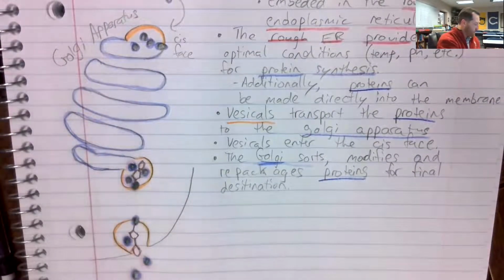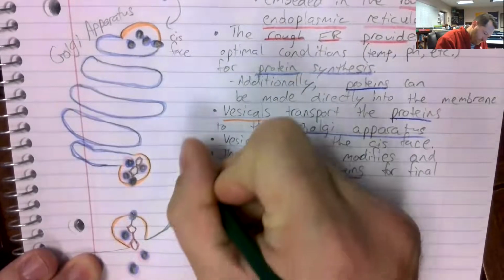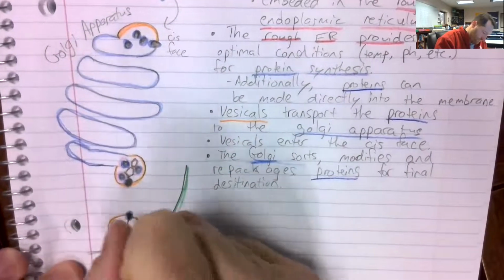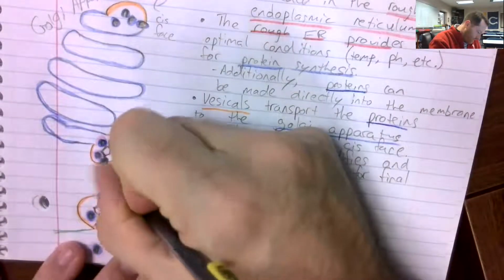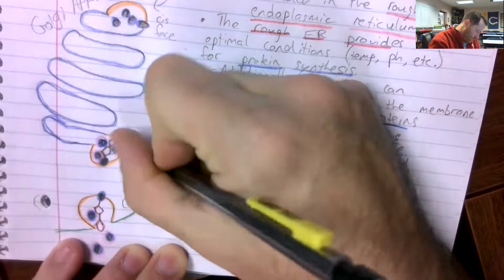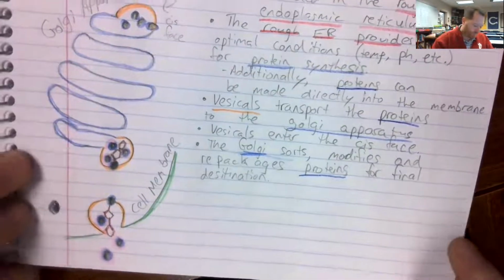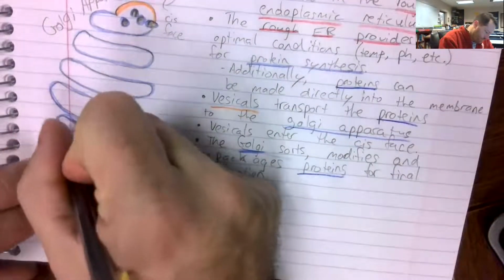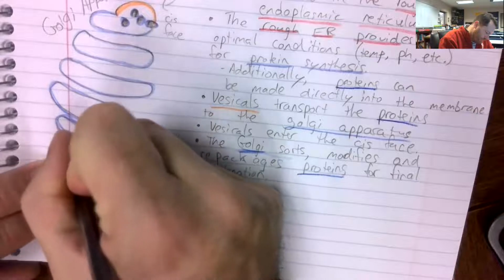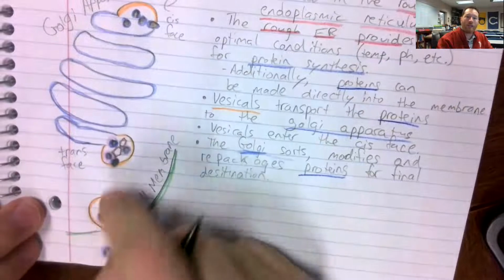In this case, that final destination is none other than the cell membrane. So vesicles are going to again pinch off from the back end of the Golgi.